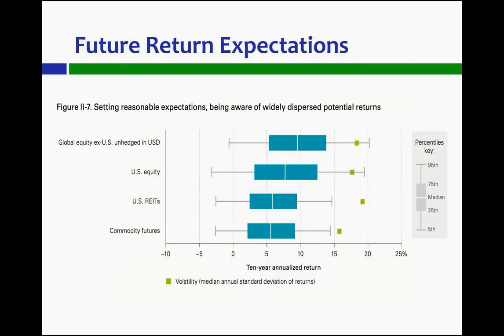And when we talk about returns, these are return expectations, and we need to be reasonable, knowing that no one can predict the future. We need to make the best assumptions that we can going forward. And the expected returns of global markets are slightly higher than the U.S. itself. So you can see that for the global equity market, the 10-year projected returns are closer to 9 to 10%, whereas U.S. stocks are closer to 7% per year.